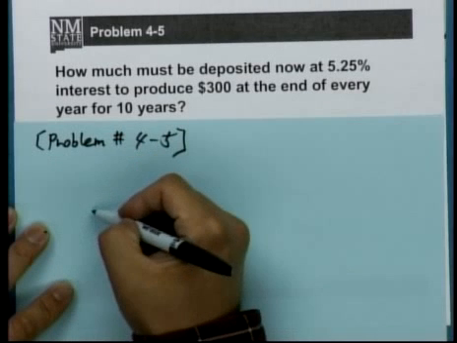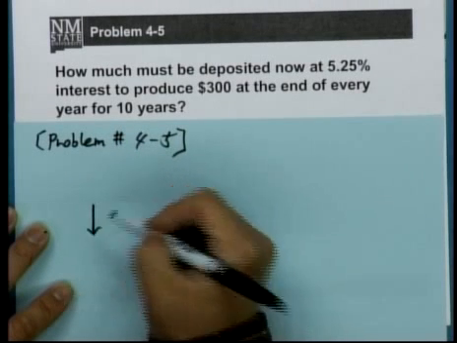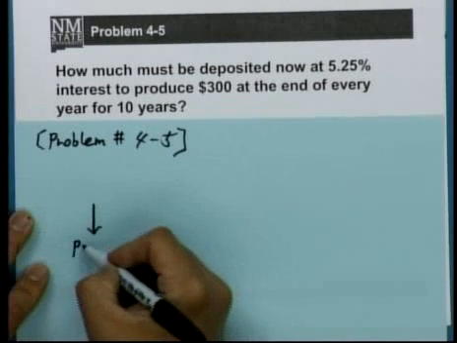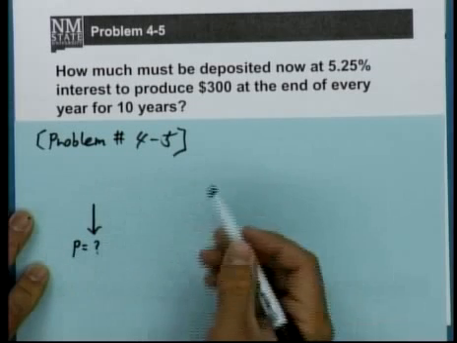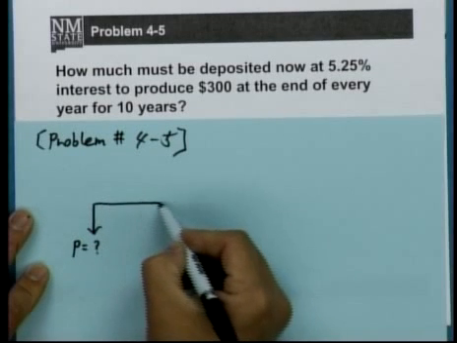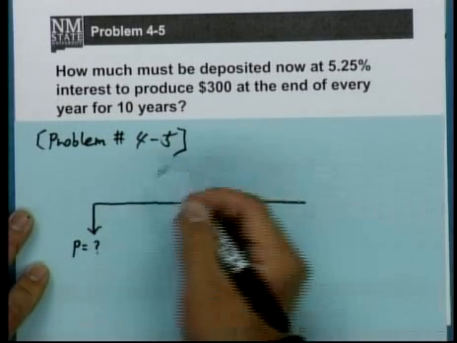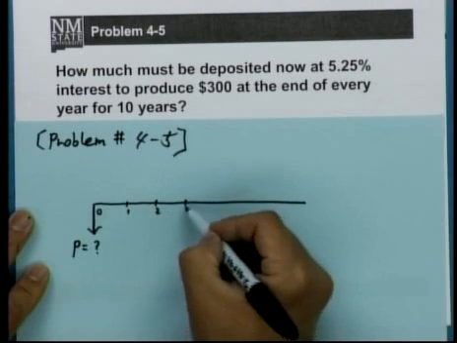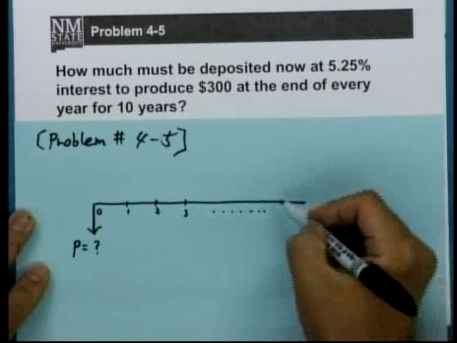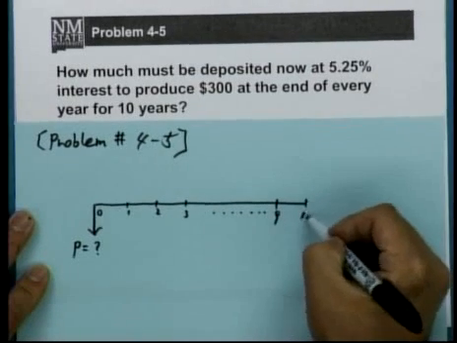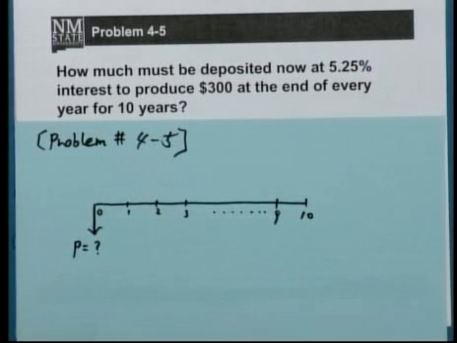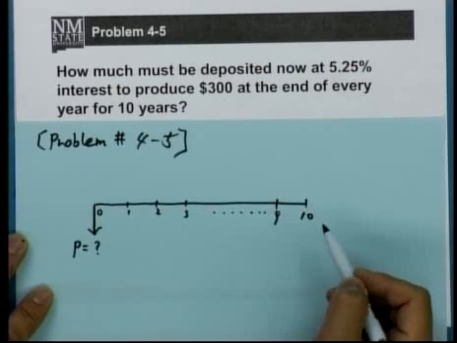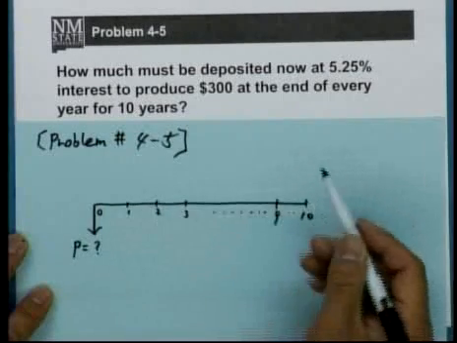So we want to know how much must be deposited right now, right? So we want to know the present sum P, to produce $300 at the end of every year for the next 10 years, right?